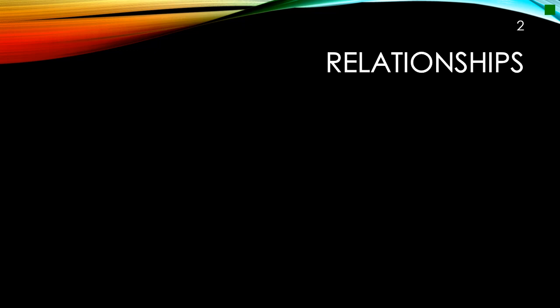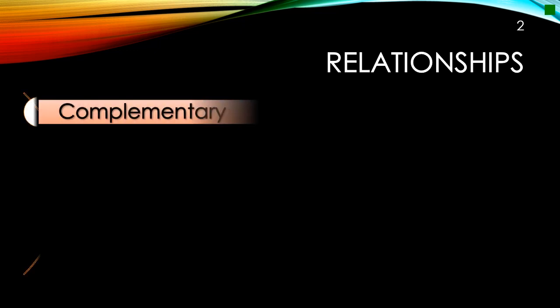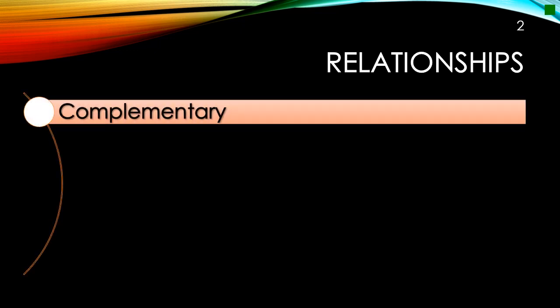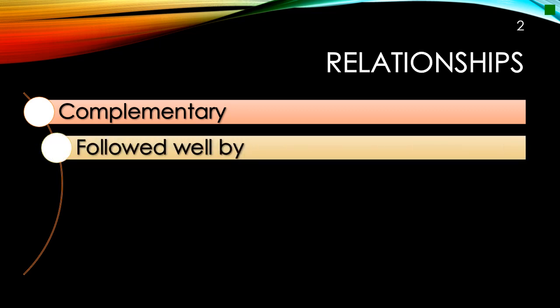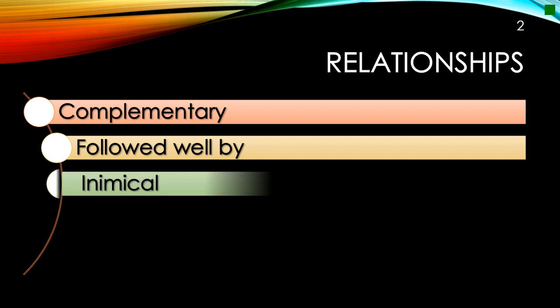Now, relationships in homeopathy are generally described in 4 or 5 ways, and these are the terms that you'll be coming across. We'll be talking about two remedies or more than two remedies as being complementary to each other, or the fact that some remedies follow other remedies better. That means a particular remedy is followed well by another remedy.